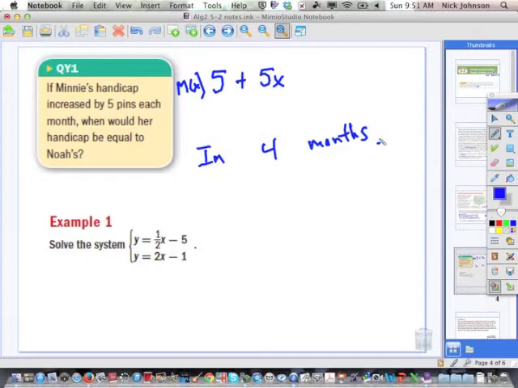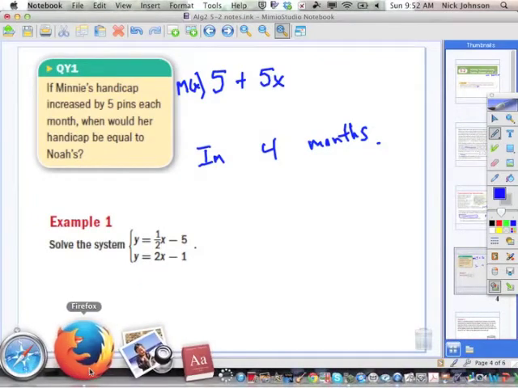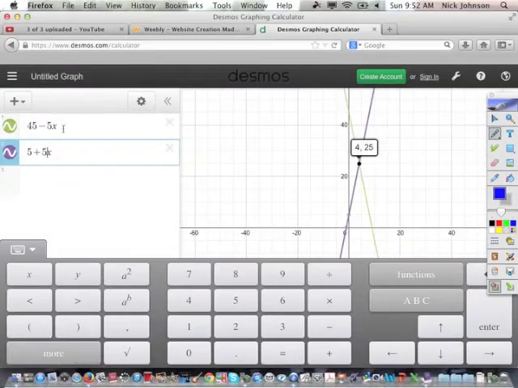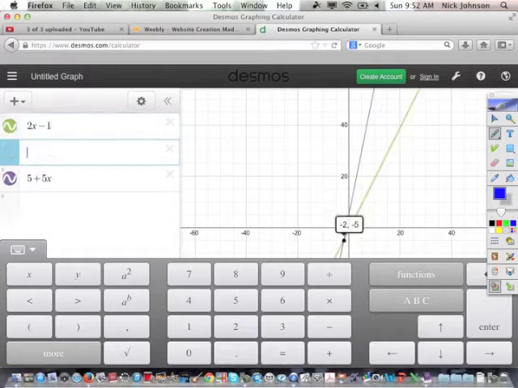Example 1 says, solve the system y equals 1/2 x minus 5 and y equals 2x minus 1. Now, you can type these into your Desmos. You can type these into your graphing calculator. I don't care what you use, you just need to go find it. A lot of times, as I said, you're going to find your Desmos is going to work very well. The second one was 2x minus 1.